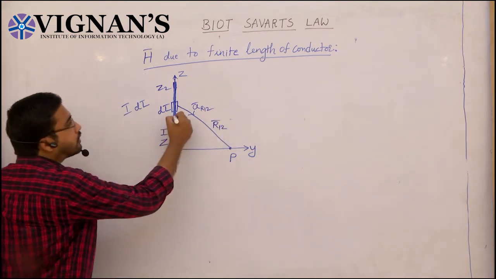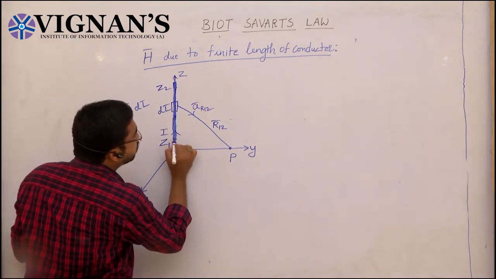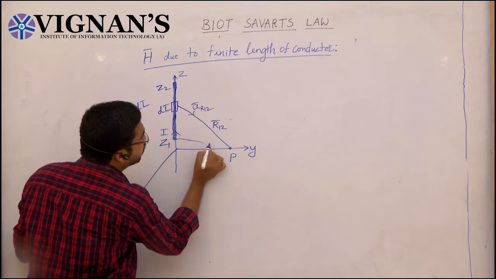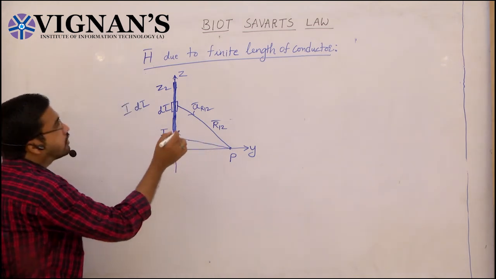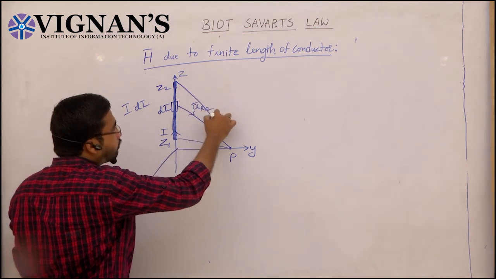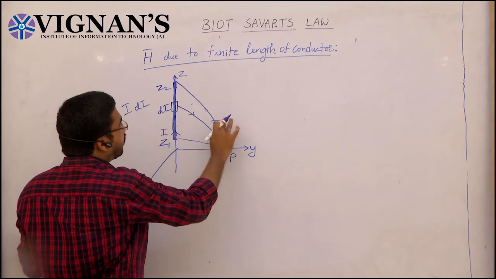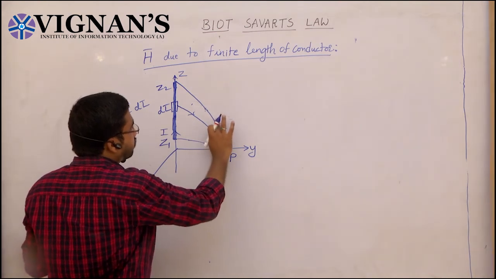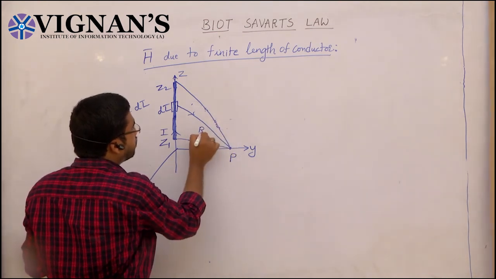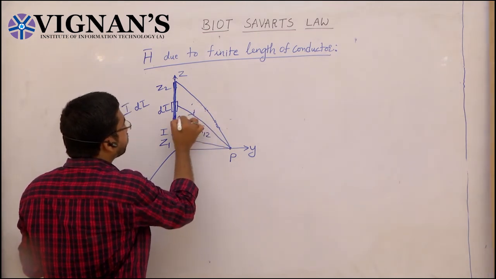But one more assumption that we are taking is, from the first limit z1 you plot the distance towards the point P, and also from the second limit z2 you plot one towards this P, so that it will be easy for our derivation. So this distance is r12 bar and this vector is ar12.